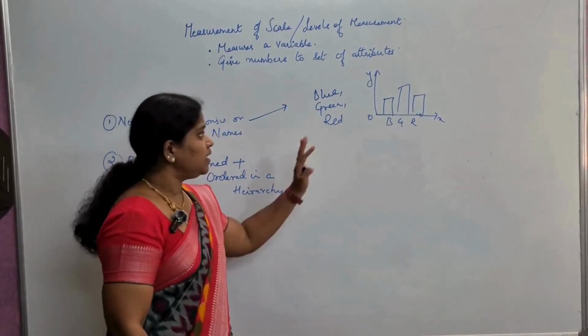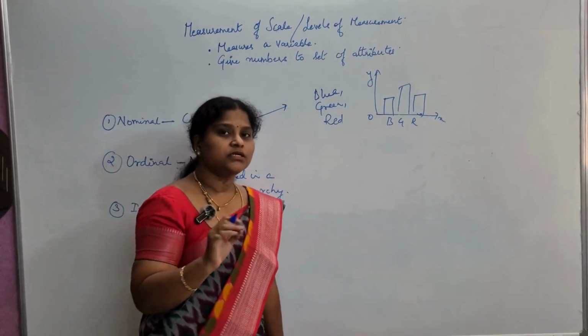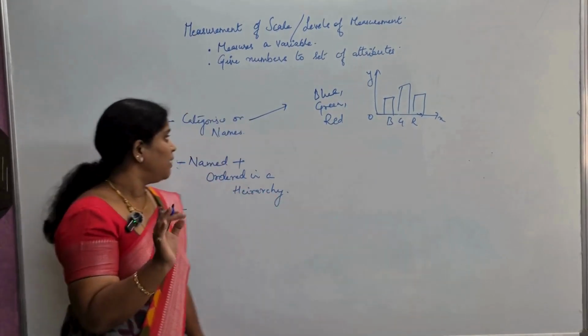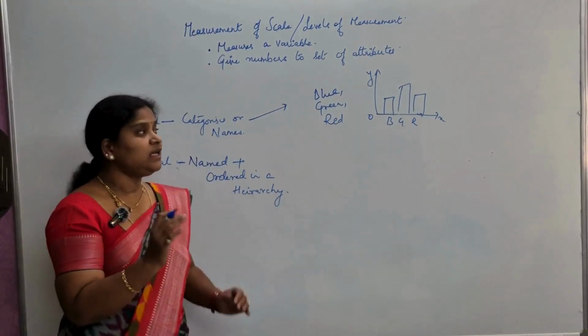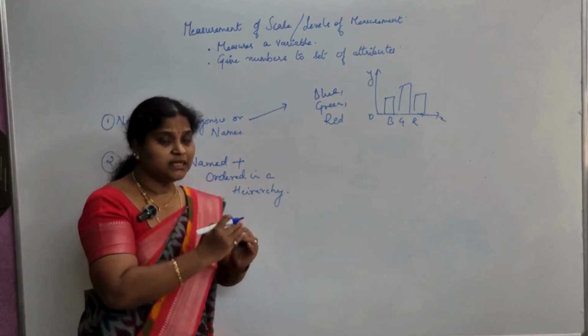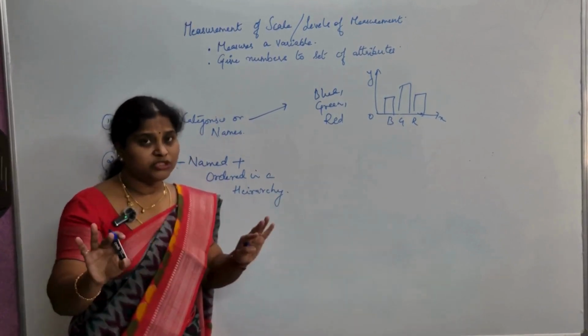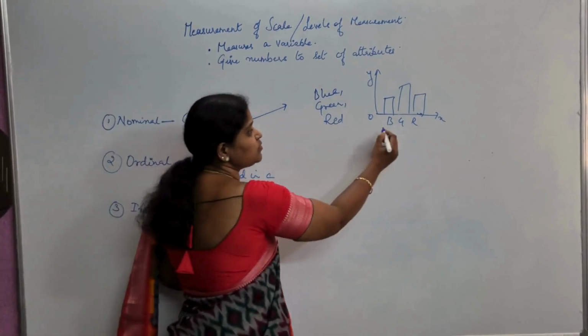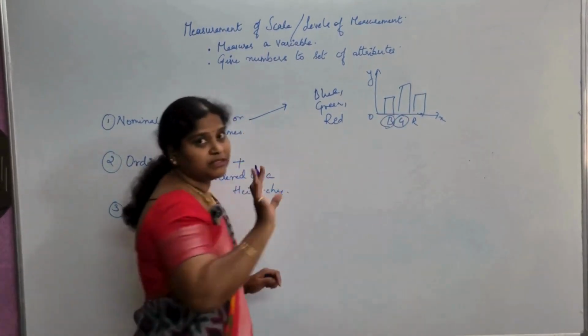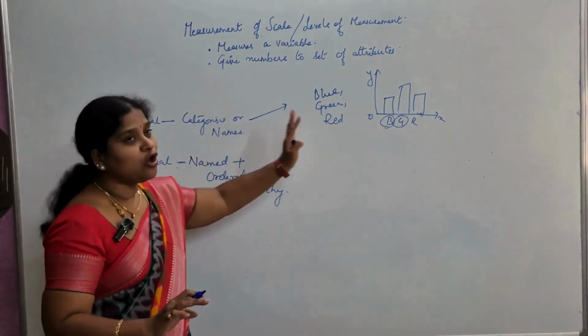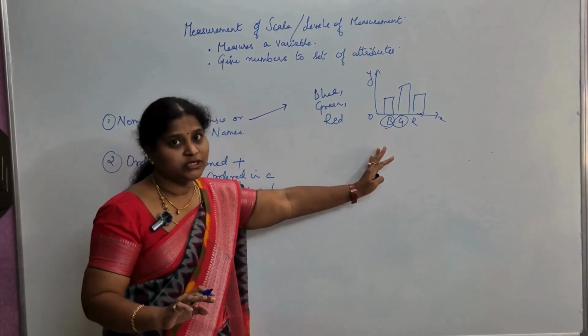But here you cannot find any order of hierarchy, which one is the least and which one is the highest. You did not find the difference between the blue and the green. This comes under your nominal level of measuring a variable.